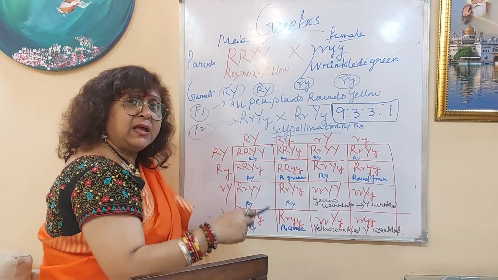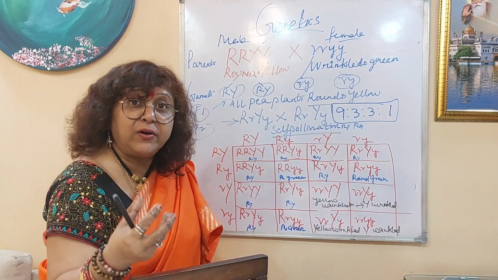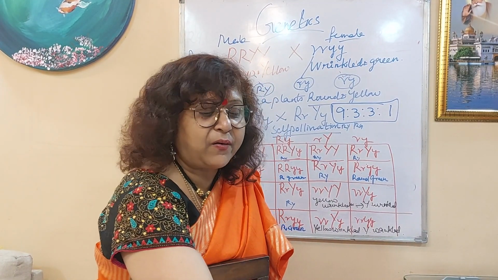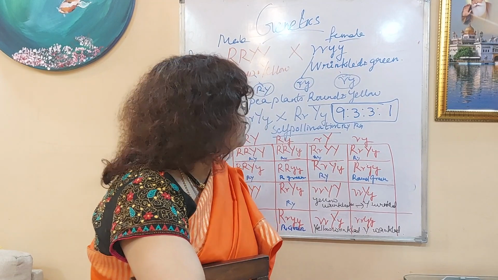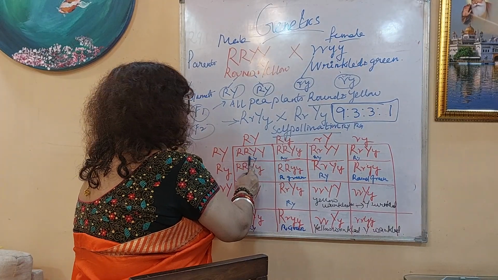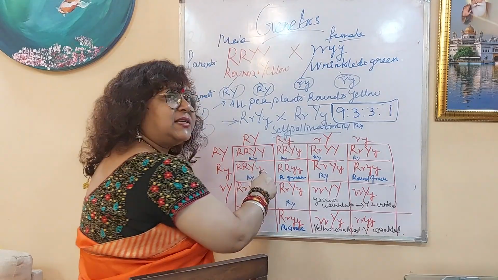After you complete all, you will see a total of 16. In this 16, how do you find out which is what type, the phenotypic type, the phenotypic ratio? How will you find out? Mendel found out of this dihybrid cross, in the F2 generation, 9 seeds were round and yellow. Both the traits are dominant.